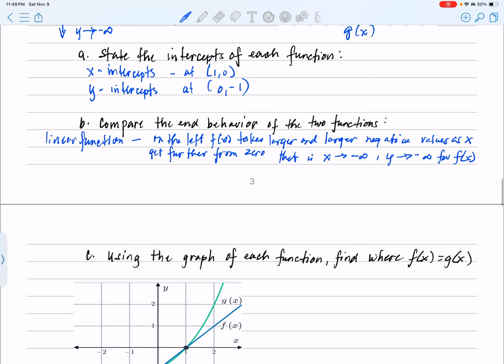So on the other one, this is the exponential function.